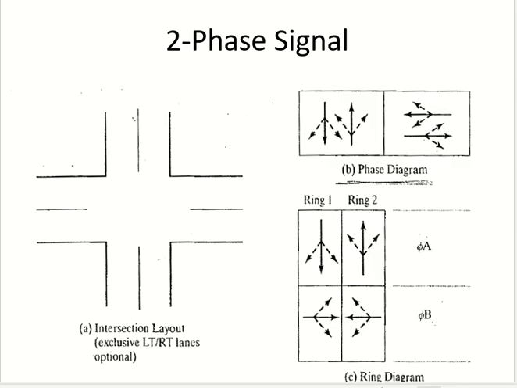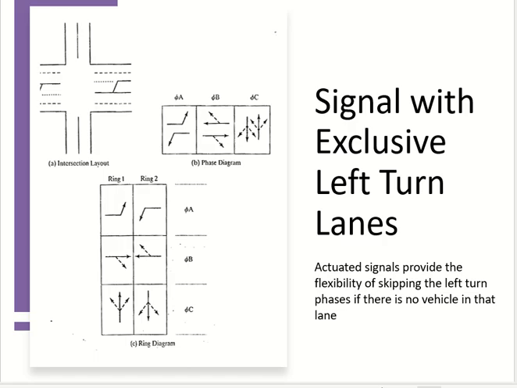This was it, two phases. Then you change into these three. The left turning was there. And what happened to the intersection itself?